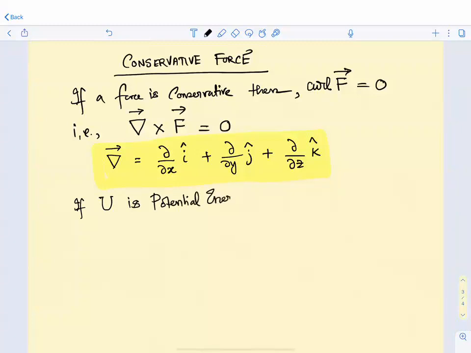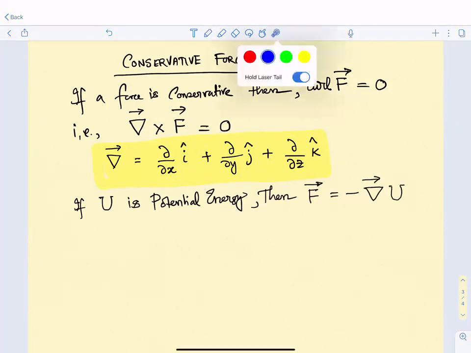If U is potential energy, then force is equal to minus del U. Sometimes the vector sign is not given also. This vector sign on the del operator is not needed; it is implied that it's an operator. This del is not a vector, it's an operator.